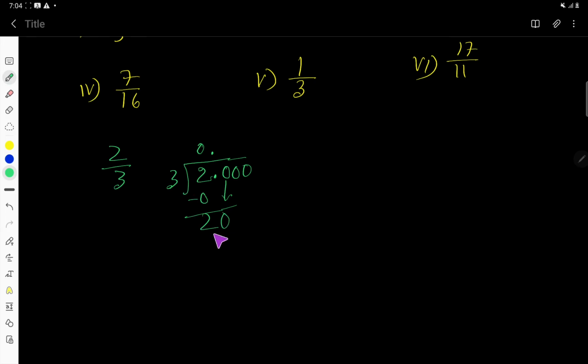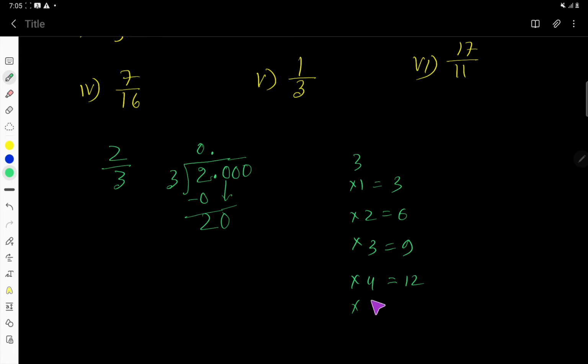3 goes into 20 how many times? So let us write the multiplication table of 3. 3 times 1, 3. 3 times 2, just add 3 with this 3, 6. 3 times 3, 9. 3 times 4, 12. Just add 3, right? And this will help you memorize the multiplication table.